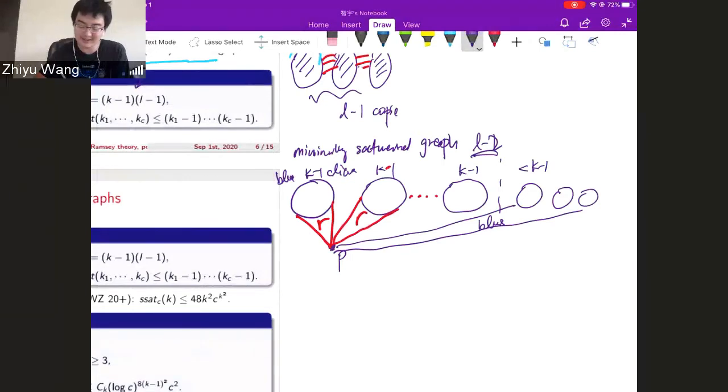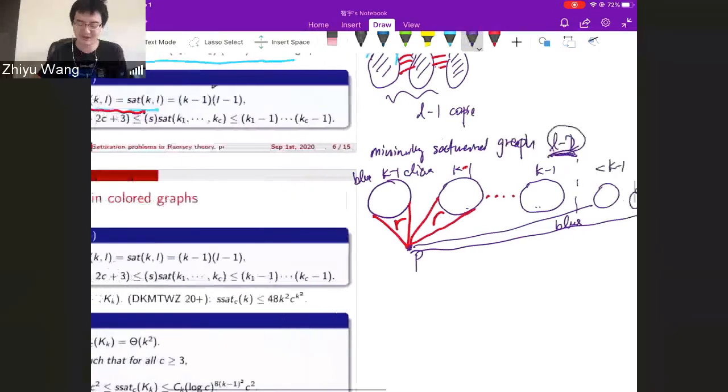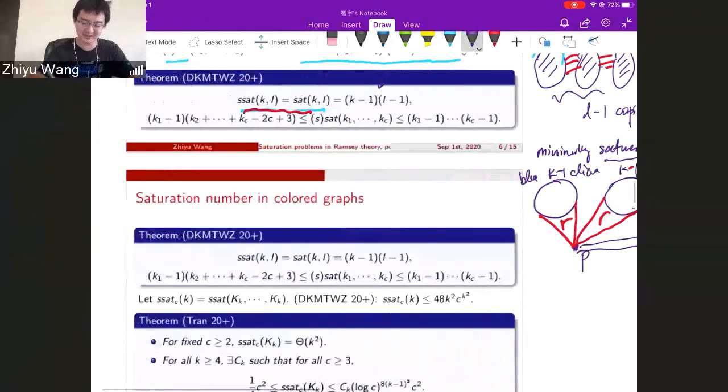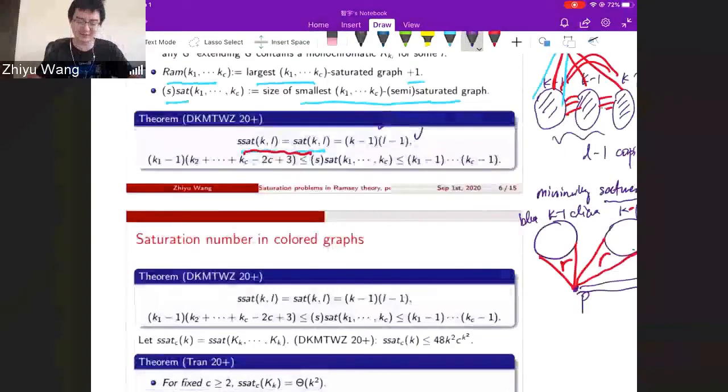It doesn't create any blue K click or red L click, because here the number of such blue clicks is L-2, so we wouldn't create L clicks. That violates the condition that the graph we are taking is saturated. So that's basically a very easy proof for this saturation number of K, L.